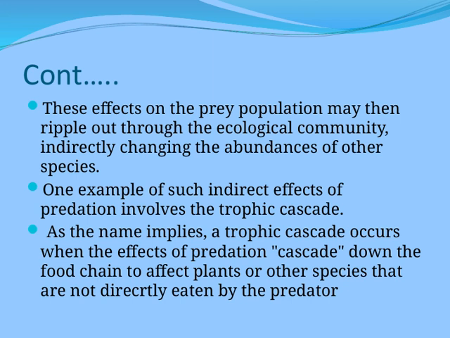So, for instance, if a predator reduces the number of herbivores, plants might flourish because they're less grazed upon. This interconnectedness really highlights how complex and dynamic ecosystems are, and it ties back to our overall theme of understanding predator-prey relationships and their broader ecological impacts.